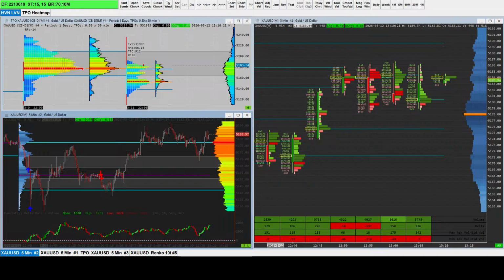Okay, I think I know why. There you go. This should work. Should work now. Let's find out whether it's working or not. Yeah, it is working.